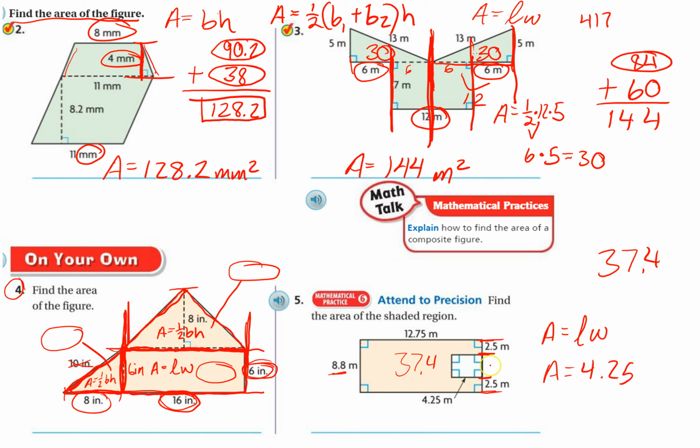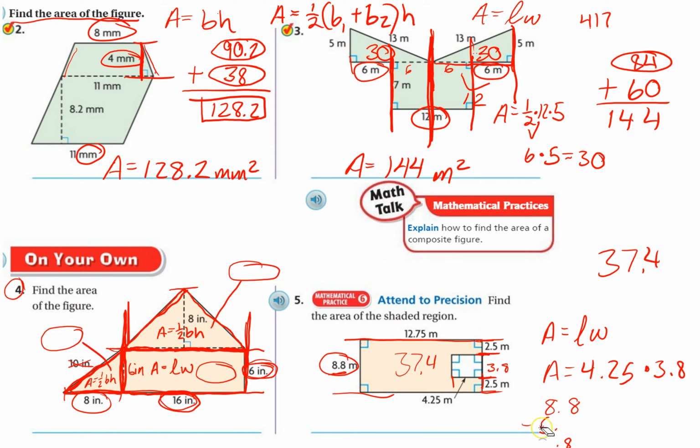Well, 2.5 plus 2.5 is 5, and the whole thing is 8.8, so if I take 5 away, I get 3.8. So the length from here to here must be 3.8, because 2.5 plus 3.8 plus 2.5 gets me back to this whole length, 8.8. So now I have 4.25 times the width, 3.8.